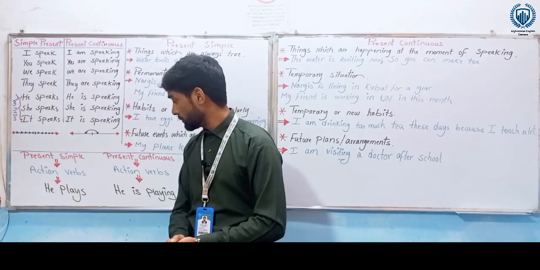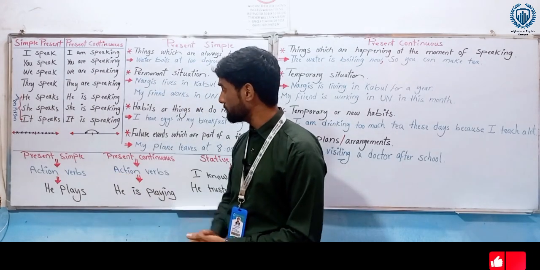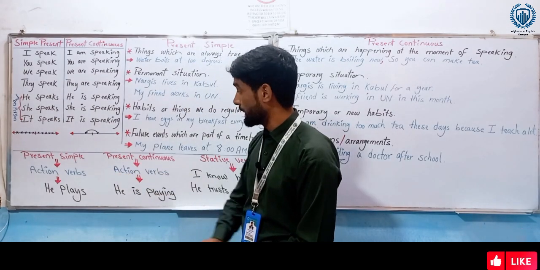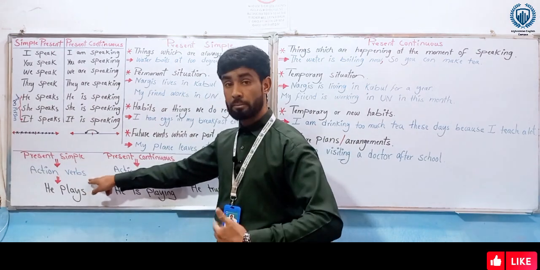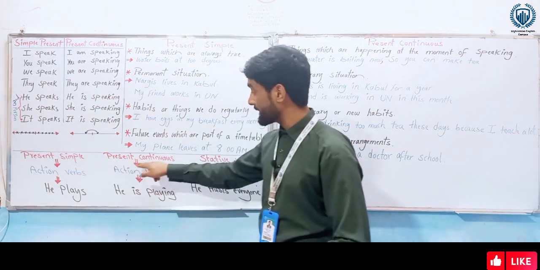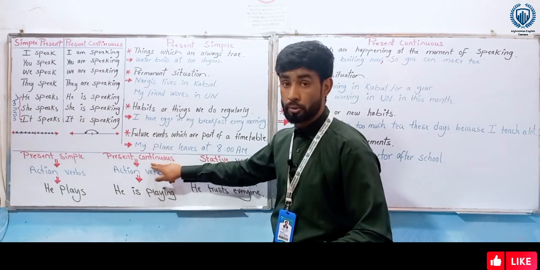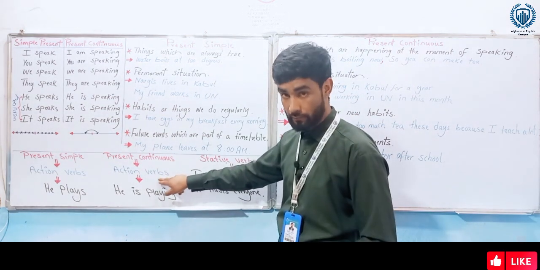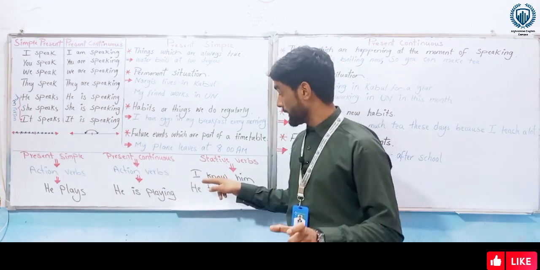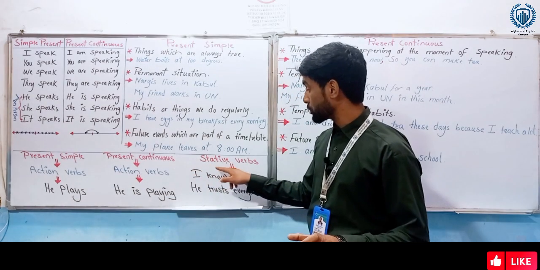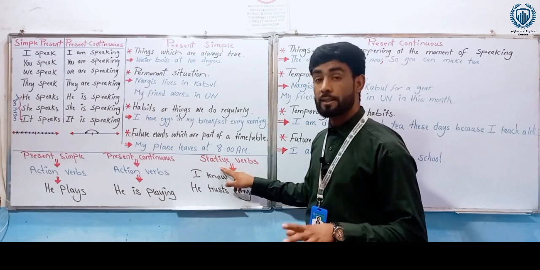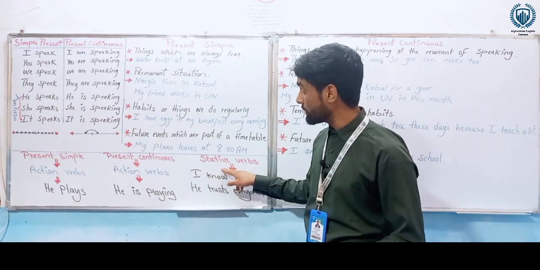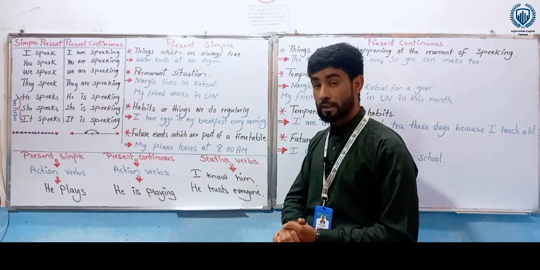There is one thing more. Present simple and present continuous tense. Present simple can be used with action verbs. Present continuous tense has no problem with action verbs. Present continuous tense can be used with action verbs. But present continuous tense has a problem with stative verbs, and present continuous tense cannot be used with stative verbs.